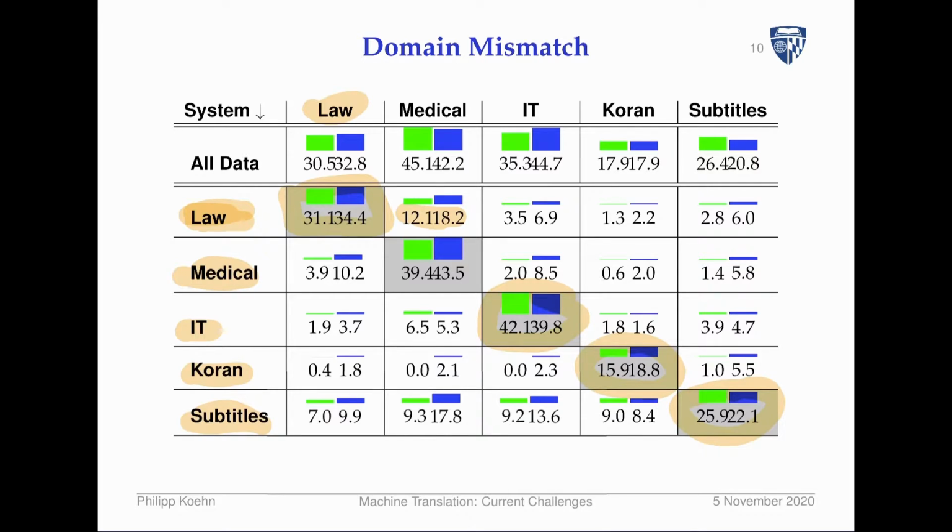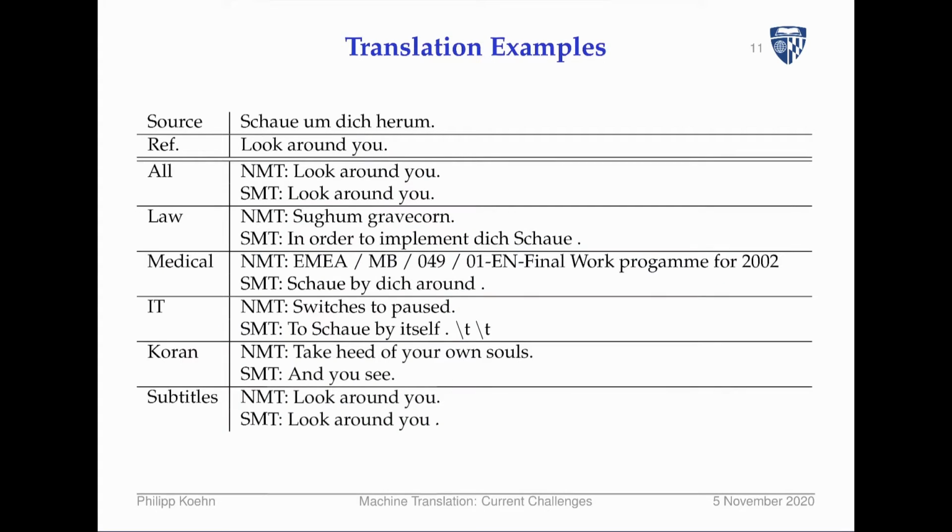Some other cells worth pointing out are where things completely fall apart for the neural system. While okay, the translation quality for the statistical system is not great either, but is dramatically better. So the neural machine translation system seems to get out of whack when you shift towards a new domain and it's confronted with input that it hasn't seen before.